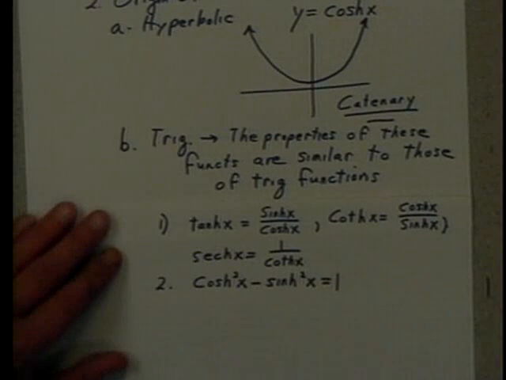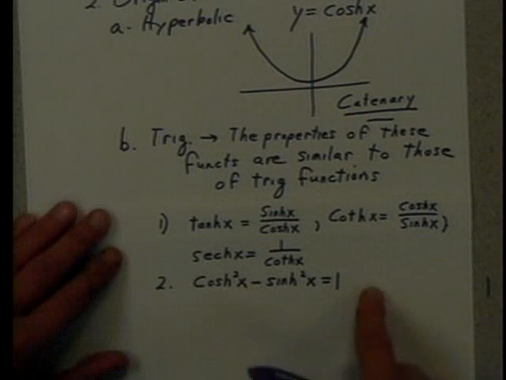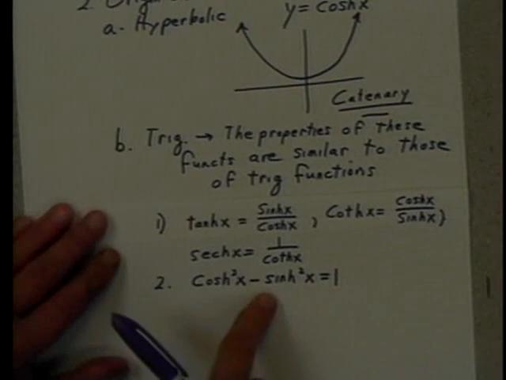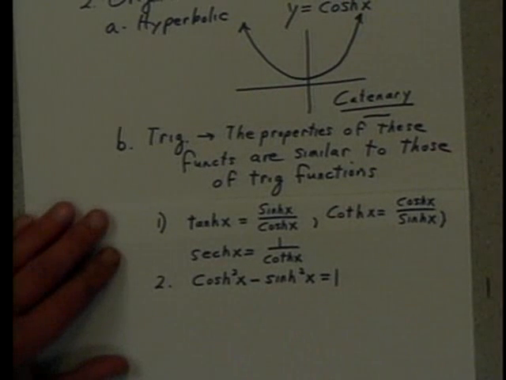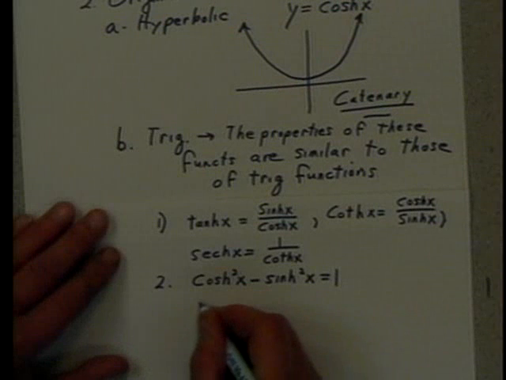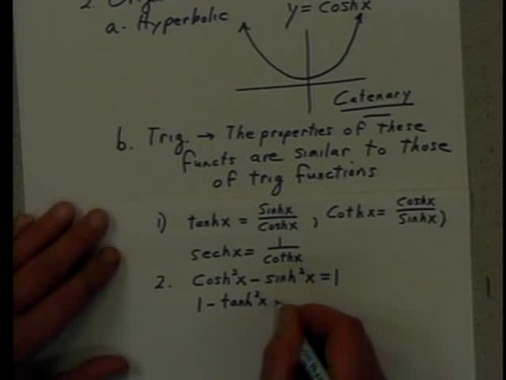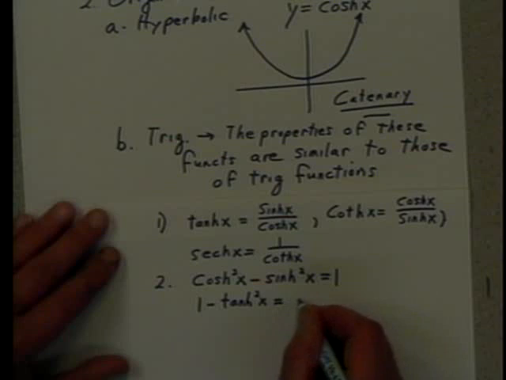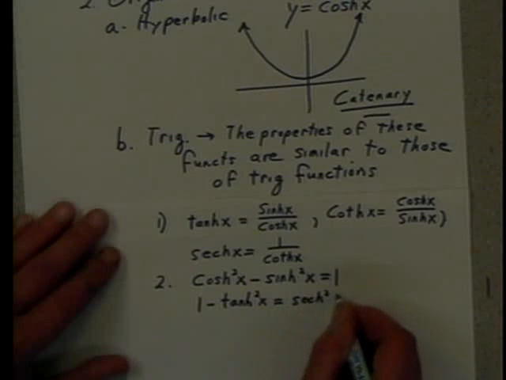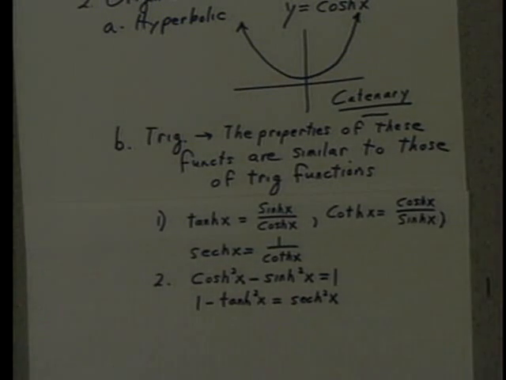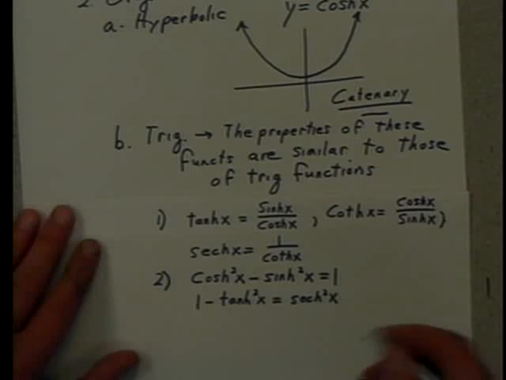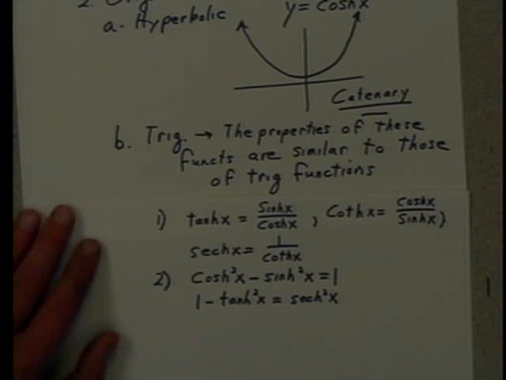So that's a Pythagorean identity. It's sort of like trig, isn't it? It's just that it's minus instead of plus. Well, do you remember 1 plus tangent squared was secant squared? Now it's 1 minus hyperbolic tangent squared is equal to hyperbolic secant squared. So instead of 1 plus, it's 1 minus. So in the Pythagorean identities, there's just a slight little change. And that's what'll get you if you're not careful.